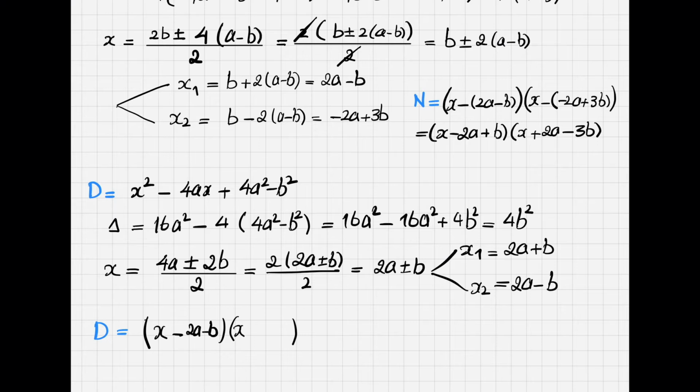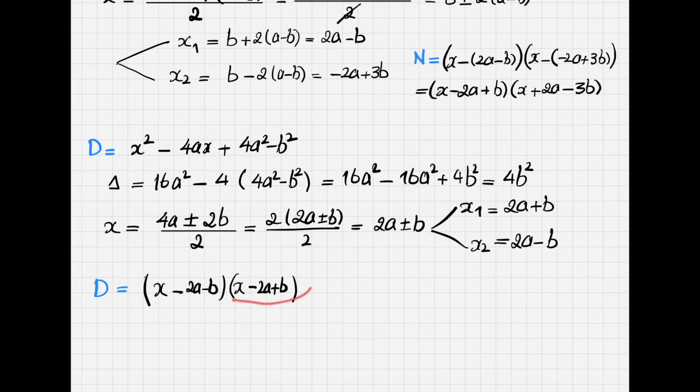So it becomes minus 2a positive b. So in the denominator I have these two factors, and in the numerator I have these two factors. And then you see that again only one factor is in common. This factor appears here and there, so when I divide them this is gone. But these two factors cannot be simplified anymore.